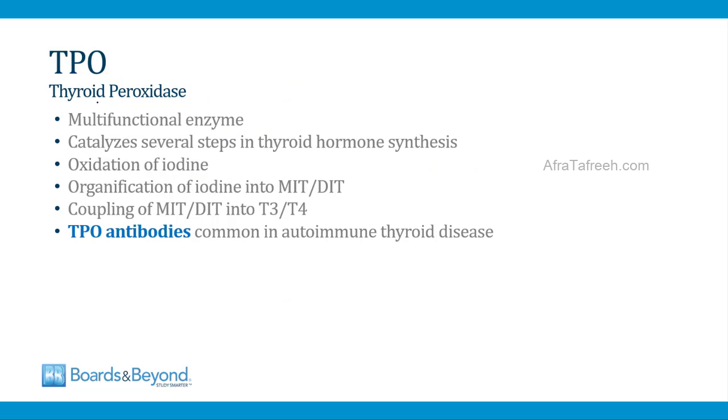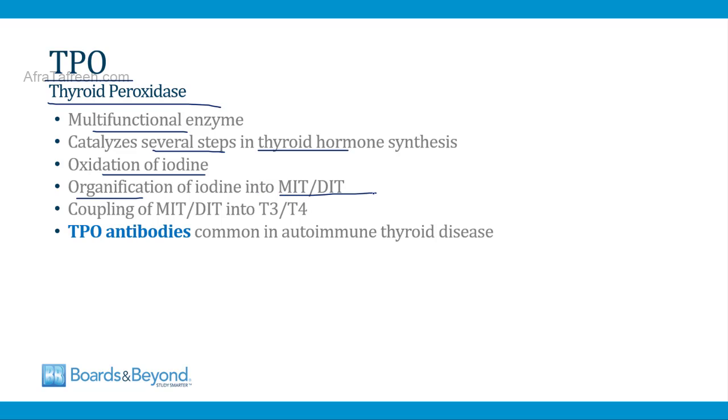In order for iodine to undergo those processes and be incorporated into thyroid hormone, the thyroid gland requires an enzyme called thyroid peroxidase or TPO. This is a multifunctional enzyme. It catalyzes several different steps in the synthesis of thyroid hormones. It's responsible for the oxidation of iodine. It's also responsible for organification of iodine into substances called MIT and DIT.